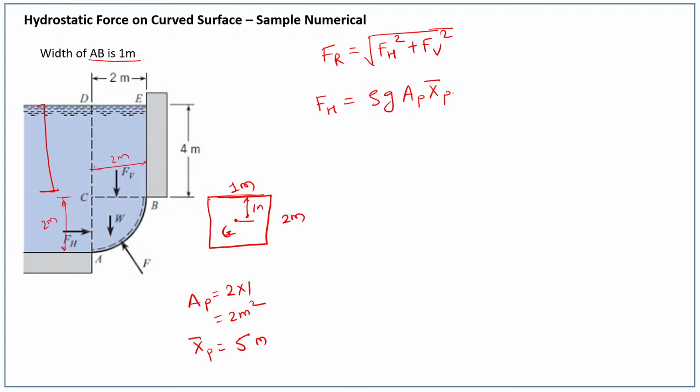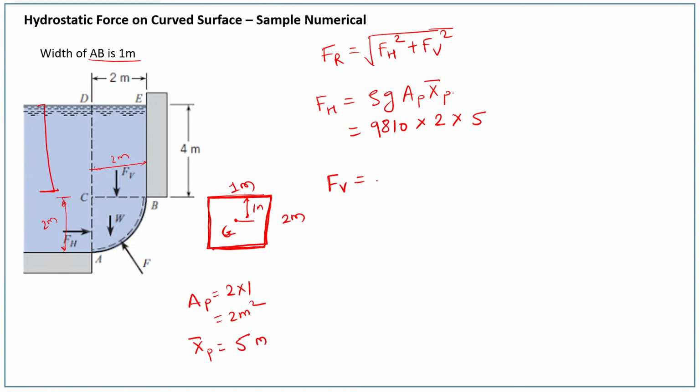Always in case of a curved surface, in order to find out the horizontal force, you have to draw this projected area and consider it just like a vertical plane surface immersed in a fluid. By using that, you find this horizontal component. So you can put the values. Let us consider this is water, so this value is 9810 into area 2 and x bar of projected area 5. By using this, you can find out the horizontal component.